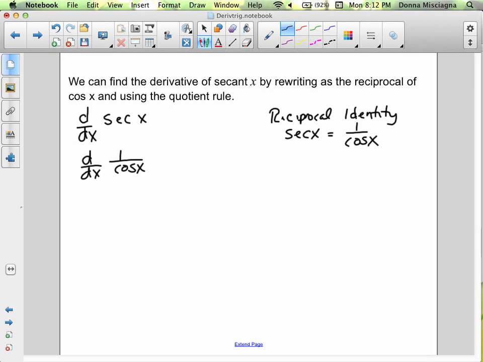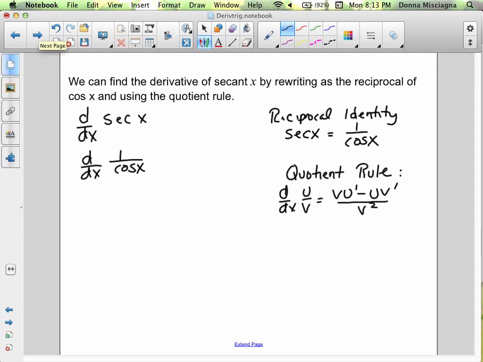And now we have a quotient, so now we can use the quotient rule. As a reminder, if we're taking the derivative of a quotient, it's going to be the denominator times the derivative of the numerator minus the numerator times the derivative of the denominator all over the denominator squared.